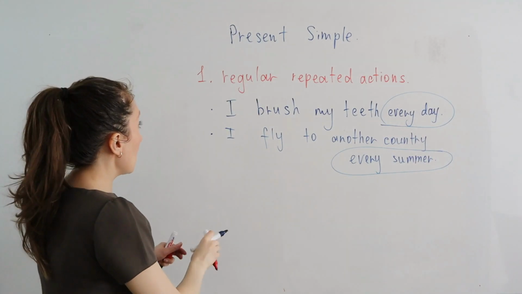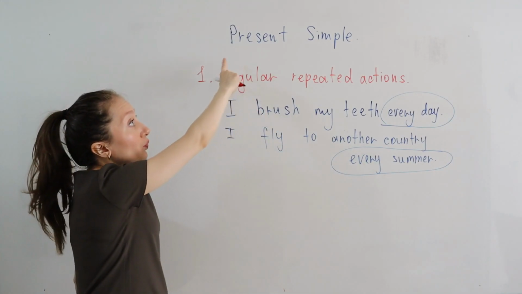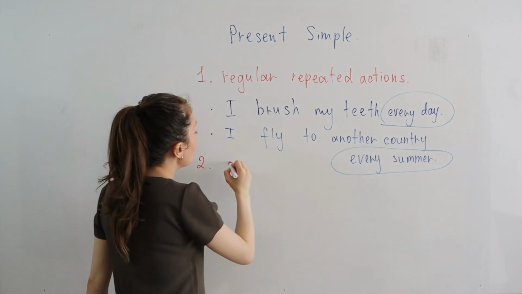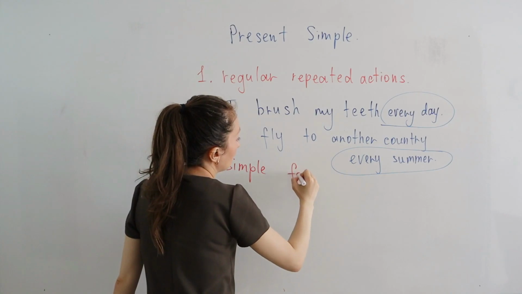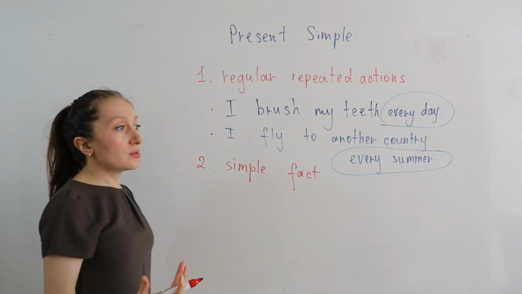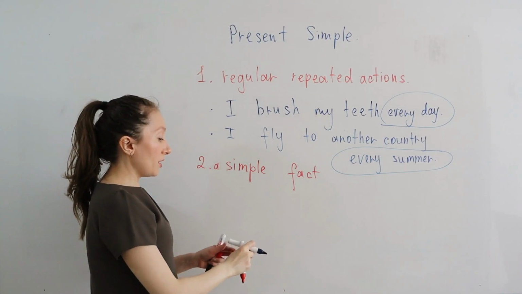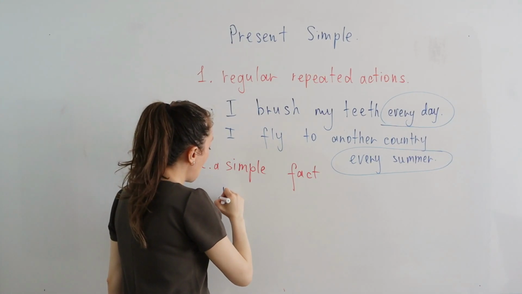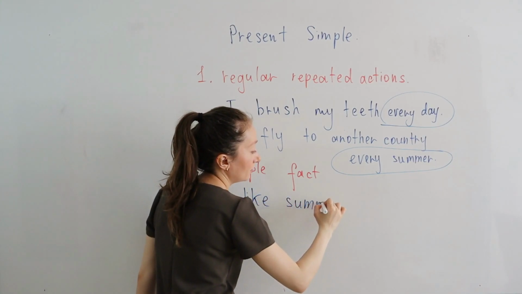So it's very easy. And the next, number 2, when do we use present simple is when we talk about simple fact. You can say a general fact or simple fact, but usually we will say a simple fact. For example, the information. You can say, I like summer.